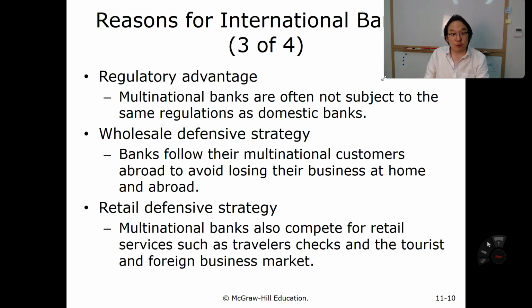And then regulatory advantage. Multinational banks are often not subject to the same regulations as domestic banks. Before we talk about that, the domestic bank itself is highly regulated. We call it regulatory overlay, right? Because the bank works as the heart, like a cardiac pumping machine.